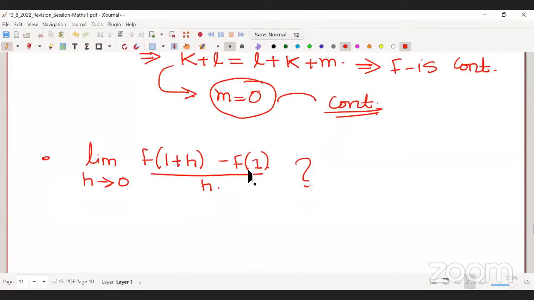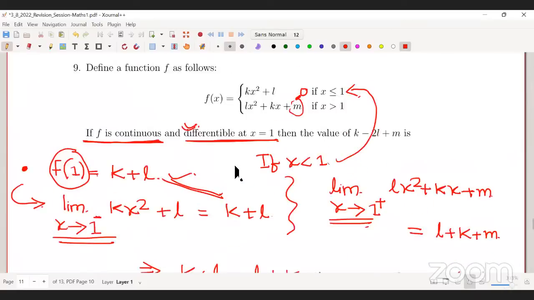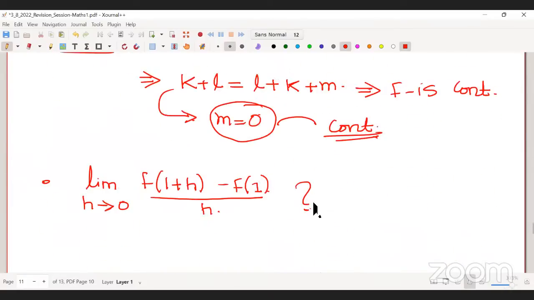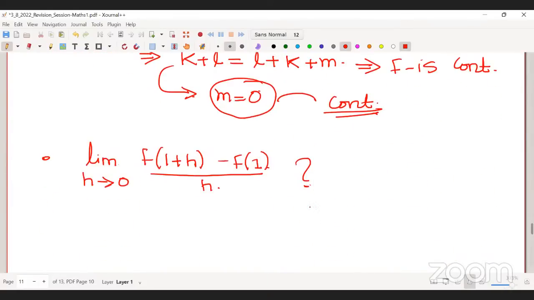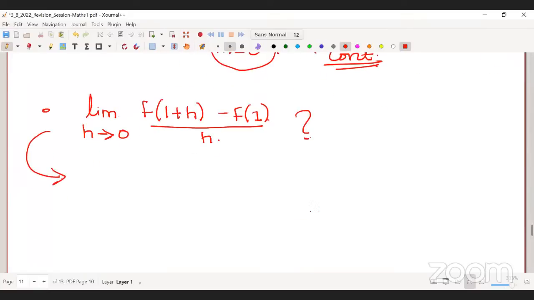It is given that f is differentiable, that means this limit should exist. To find out the limit, I need to find the left hand limit, right? Is it correct or not?